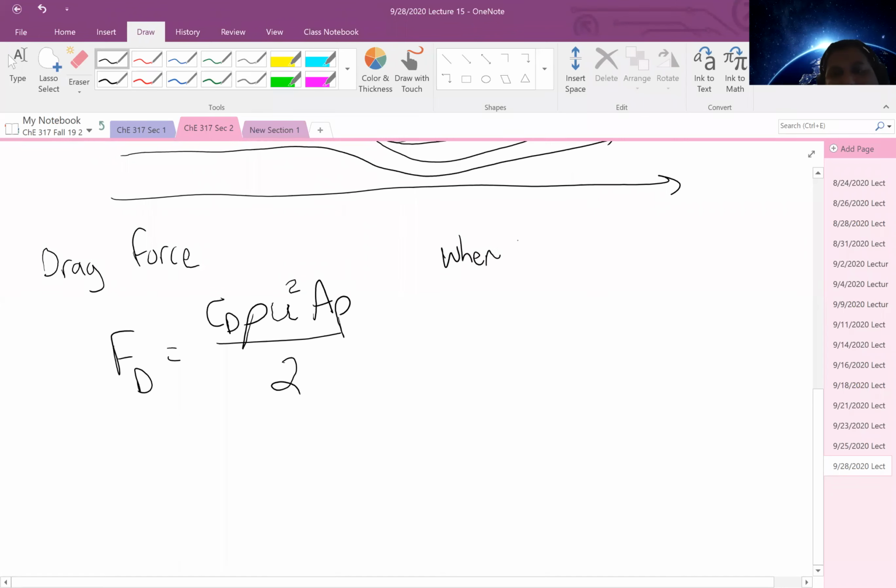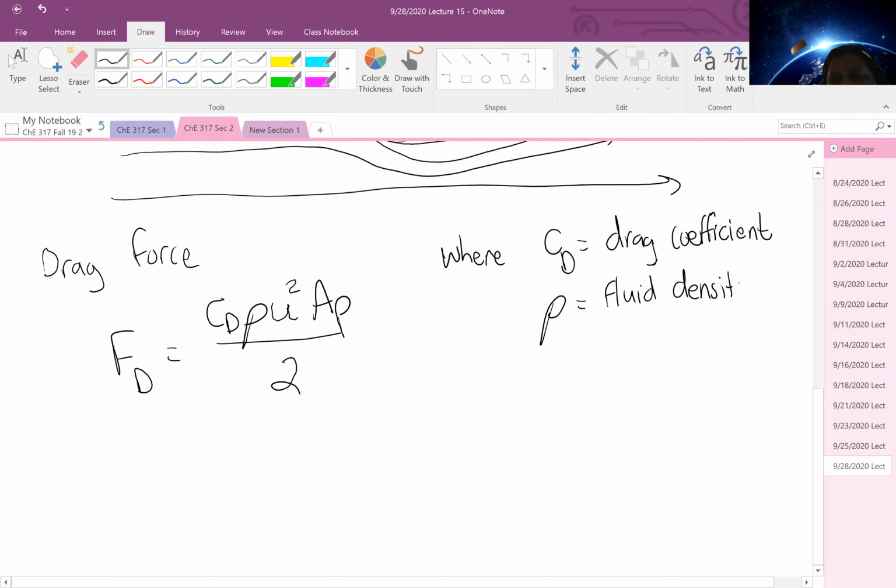And I'll say where C_d is our drag coefficient, rho is our fluid density, U is our fluid velocity, and A_p is a particular type of area. It's the projected area.